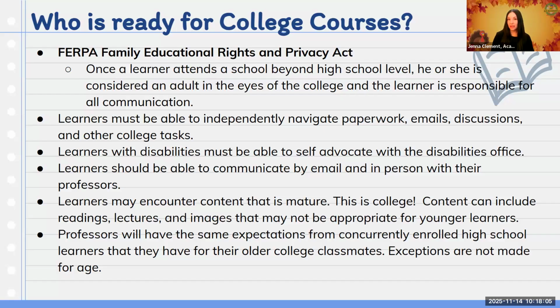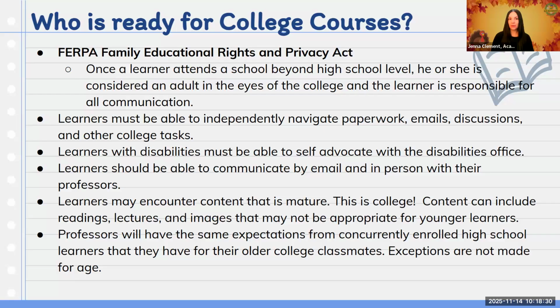So what we're saying here is that once a student is enrolled in the college, they are responsible for everything from registering to communicating, whether that's with departments on campus or with their professors. And we really do want to see that learners are ready for that level of communication and responsibility beyond just being able to handle the academic requirements of a class.